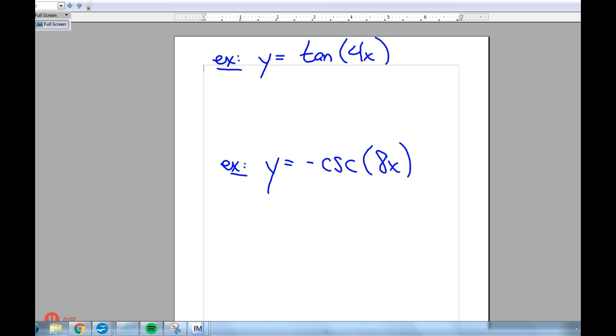Easier to walk around. What's the derivative of tan? Leave the little guy alone, multiply by the derivative of the little guy.